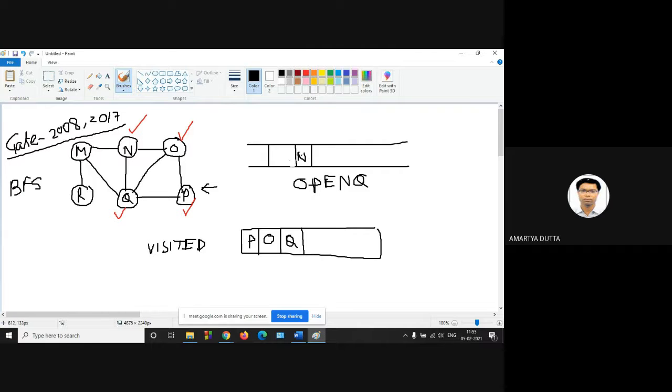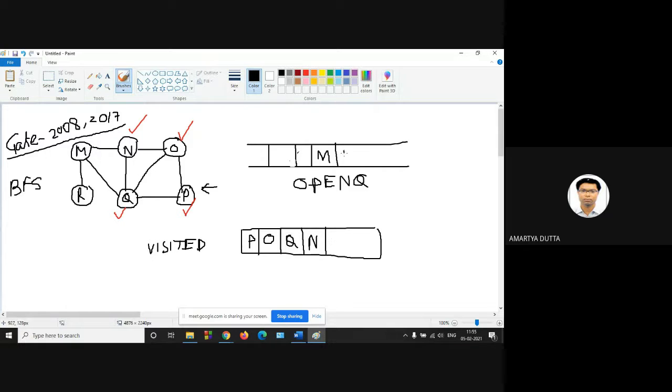Next, which one will be executed? N. The adjacents are M and Q. Q is already there in the visited array, that's why M is written in the open queue. So delete this N here.